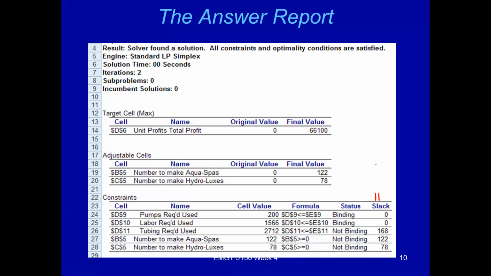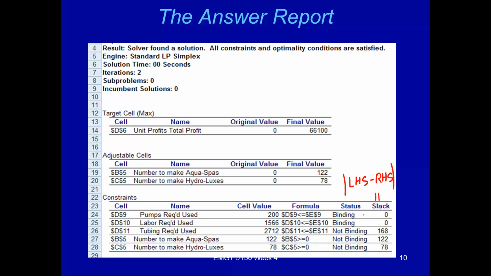Slack is equal to the difference between the absolute value of the left hand side value and the right hand side value. Okay, so that's the slack.